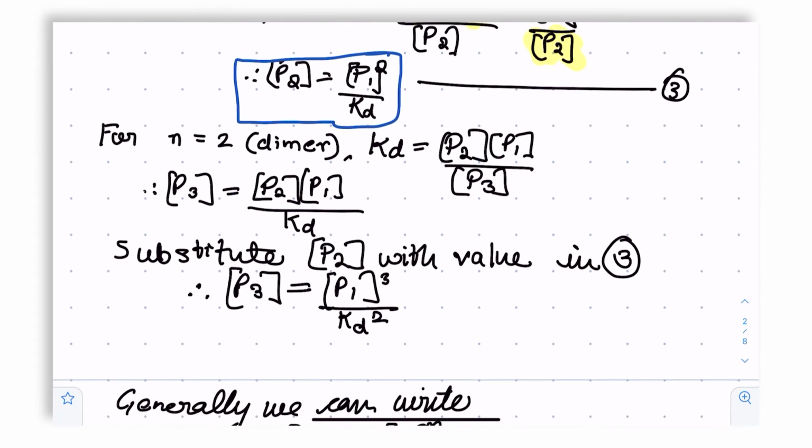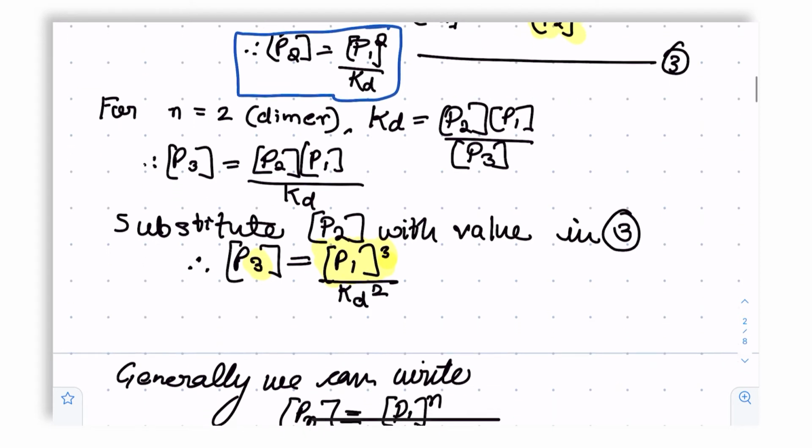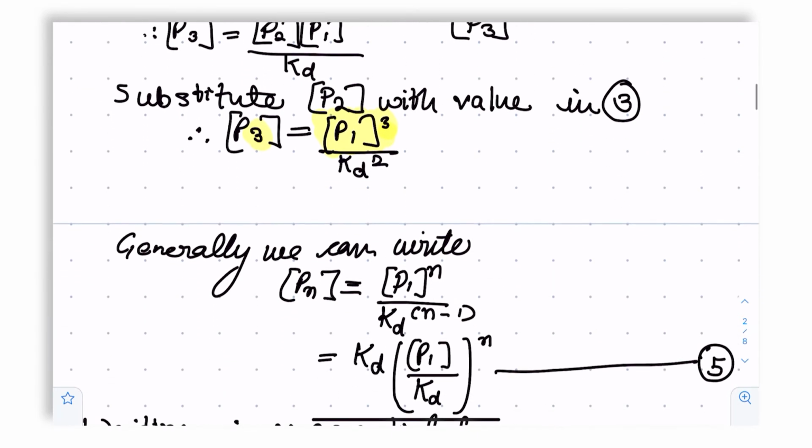In other words, this P1 cube is nothing but the monomer concentration raised to the power which is the same as the number of monomers in the filament. Therefore, it looks like we can generally write P of n concentration, meaning how often it is prevalent.